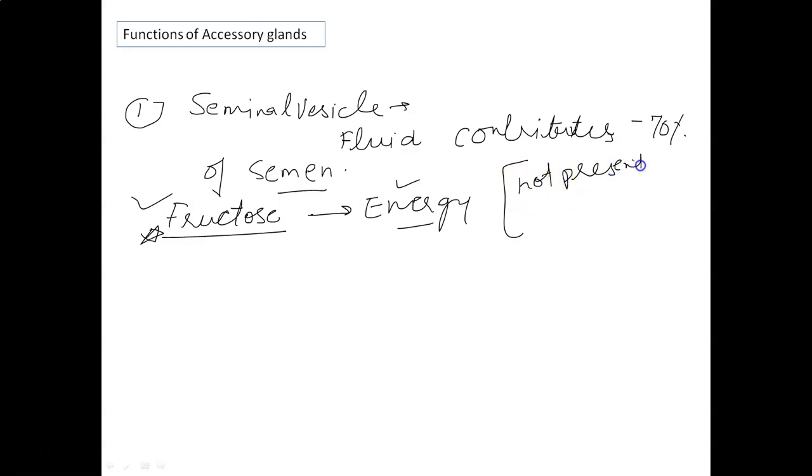A very important point to note is that this fructose is not present anywhere else in the body. Why? This fructose is present only in semen, and this can be used for the forensic test for rape cases.